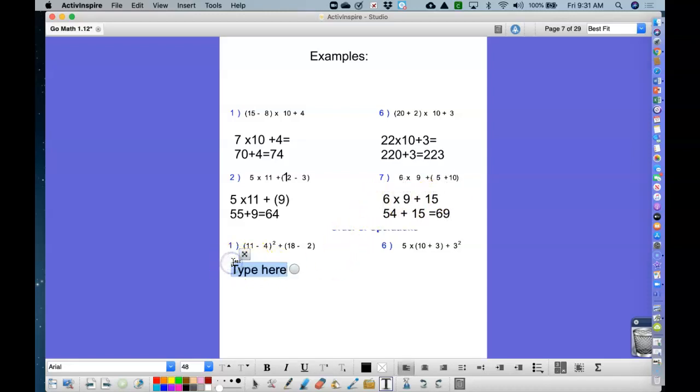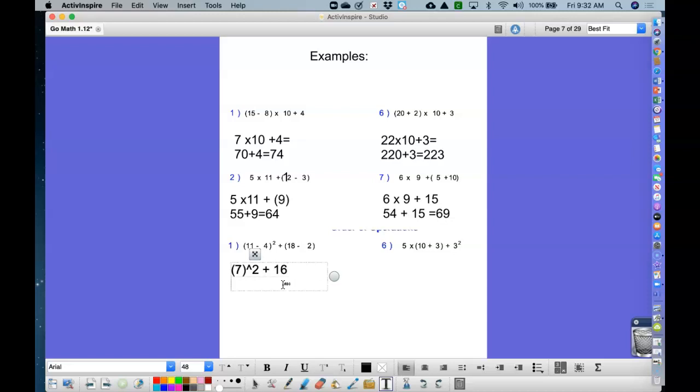Down here, you can see I have added some exponents. So I'm still going to work on the inside of the parentheses first. 11 minus 4 is 7. And this does have an exponent of 2. And so we can write an exponent with that caret to help us out when we're typing. And 18 minus 2 is inside that parenthesis, which would be 16.